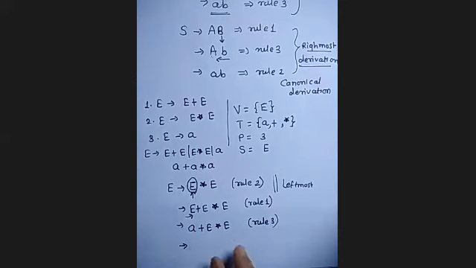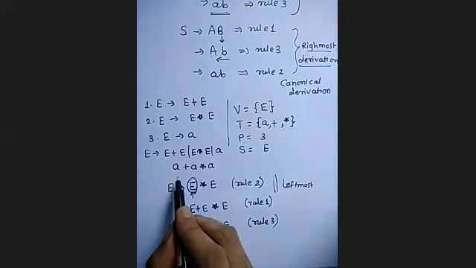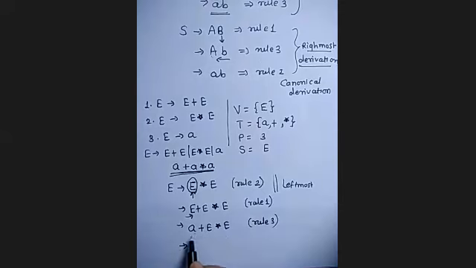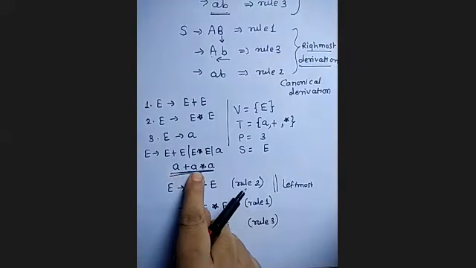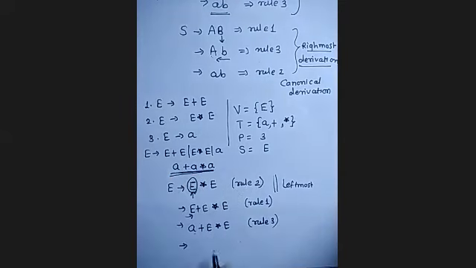Now if you compare our derived string with what we are expecting, or want to generate, you can see that a plus is matching. Next what do we want? a. So you have to write step by step. All of you listen. In one step only you don't show a plus a star a.